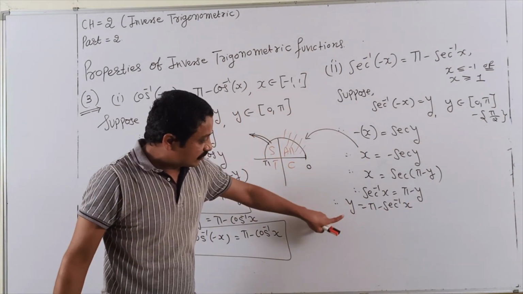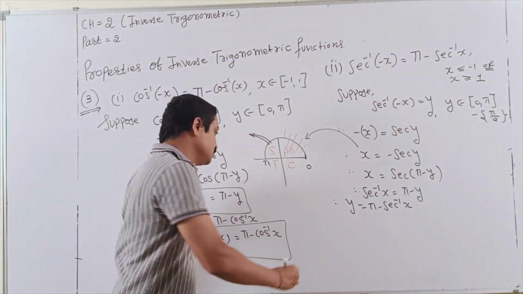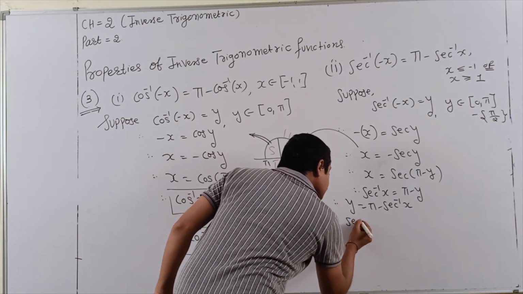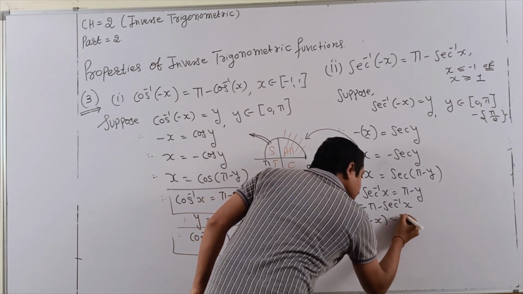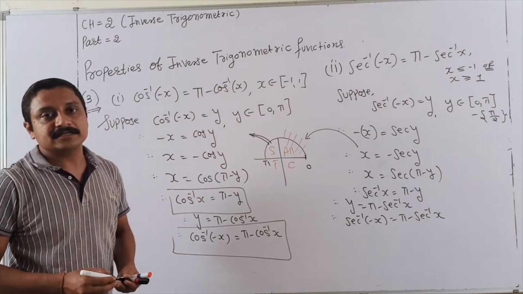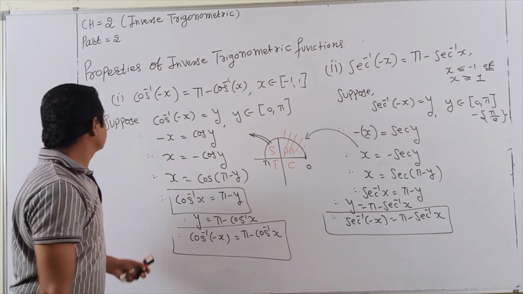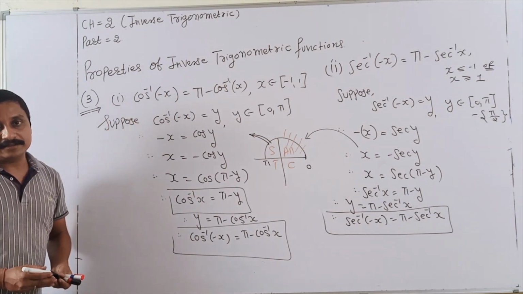Now students, this y I already suggested, putting the values. So what is your y? Sec inverse minus x is pi minus sec inverse x. And here our property number two is done.